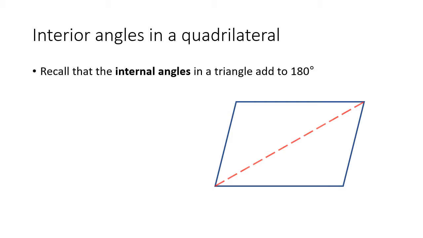Now if we divide that in half, we've created two triangles. Now, if I put the angles in each of our triangles, so there's our first lot and there's our second lot, well, we know that the angles in a triangle have to add up to 180.